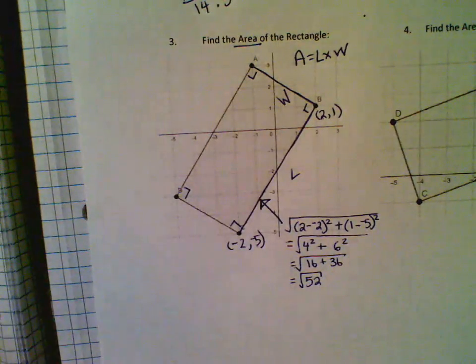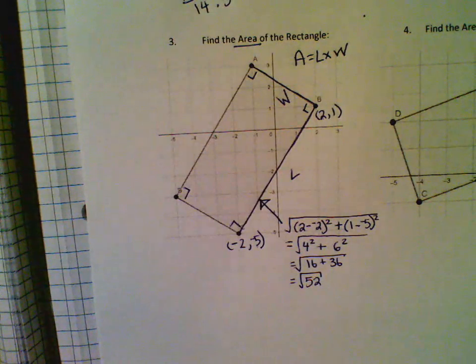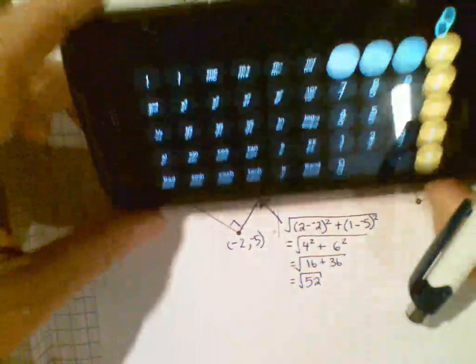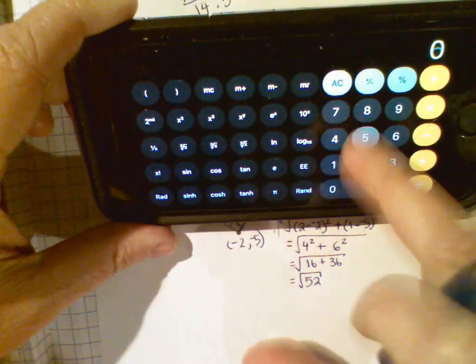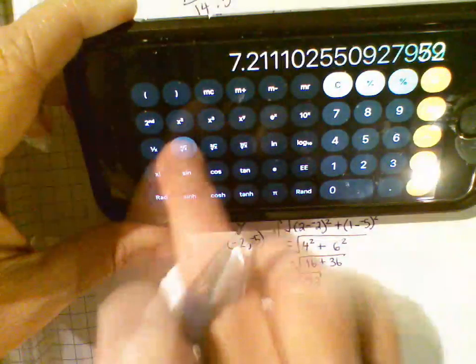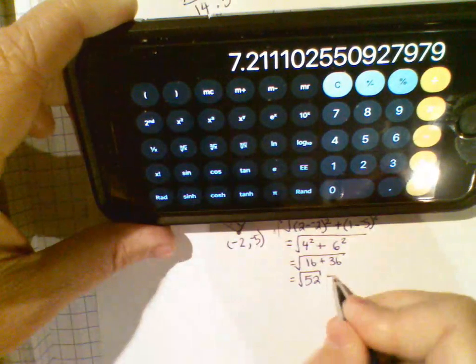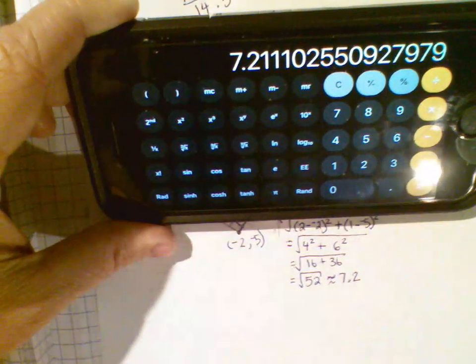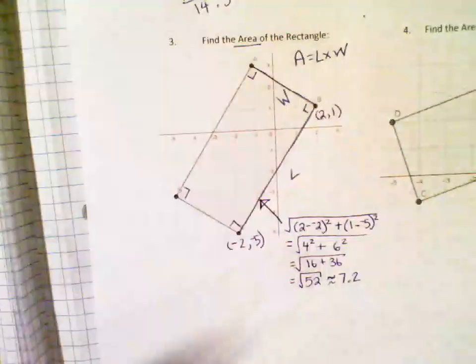And again, we're not simplifying the radicals or anything fancy like that. Once we get to a square root, we're simply putting it in. So I have to wait for it to turn sideways. Come on, there we go. And I put in the square root of 52, 7.2 approximately. So the long side of my rectangle is 7.2.